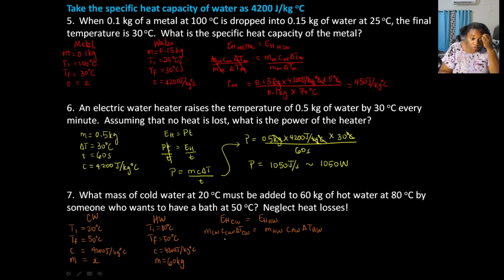Now we're solving for the mass of cold water, so we're going to divide each side by c and delta T. Now these cancel out.